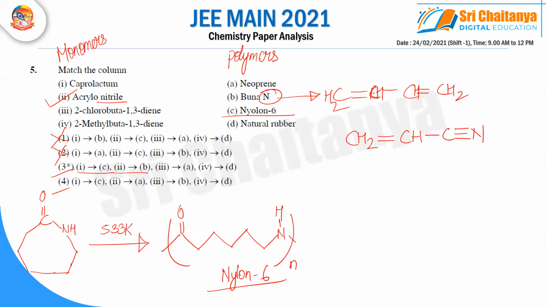3 is 2-chlorobutadiene. So 2-chlorobutadiene will give you neoprene. So neoprene is an addition polymer of 2-chlorobutadiene.